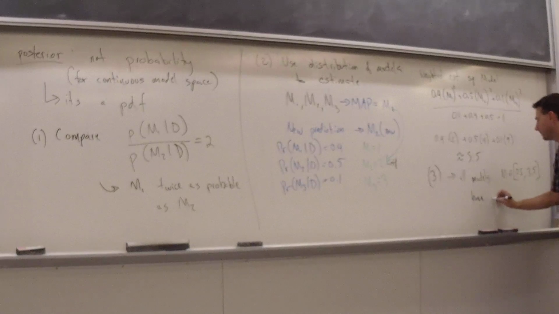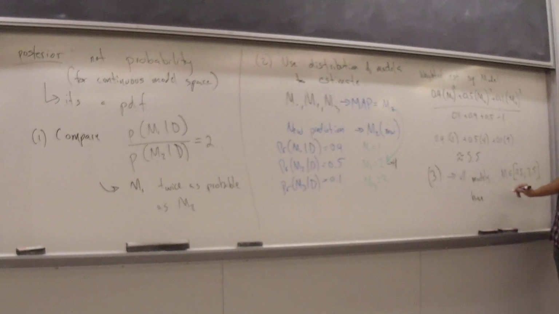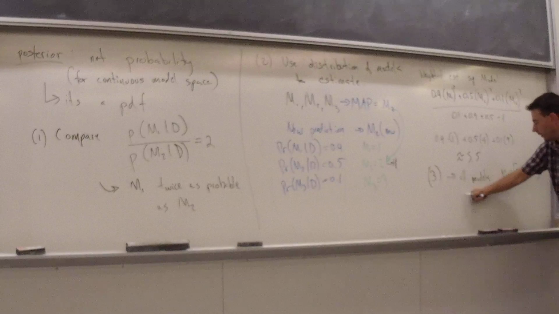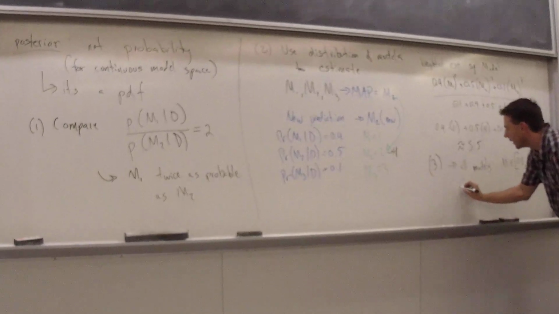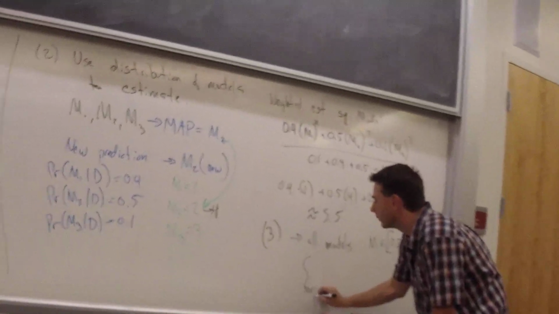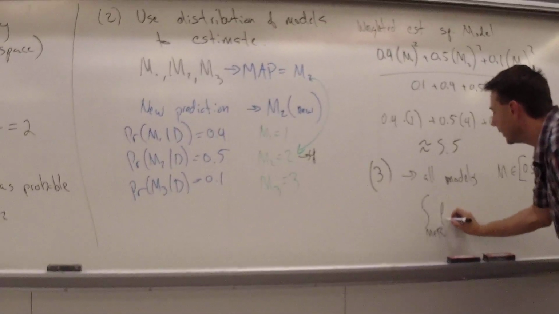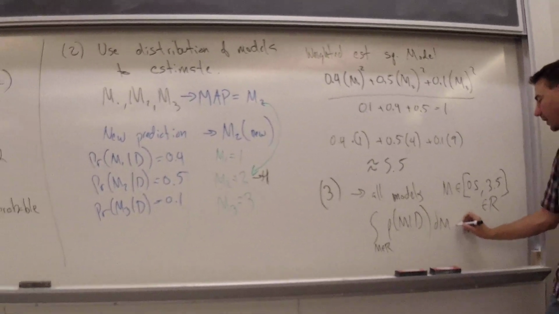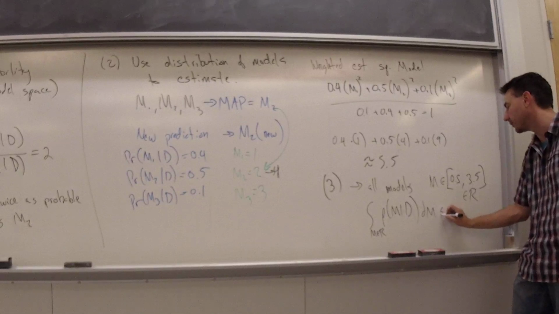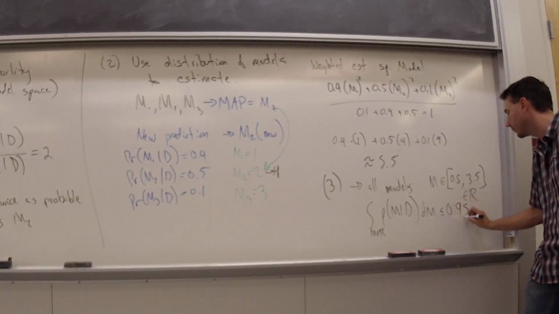I could say the integral over this range, if I integrated the models in this range of the posterior of the model given data, I can say that this is greater than or equal to 0.95.